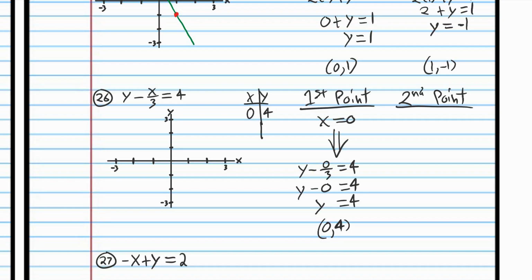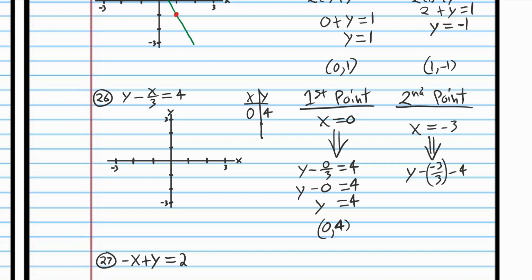And let's try, I'm going to try 3 for x. Again, we have to be careful because we don't want to deal with a fraction if we don't have to. And I can see that that's not going to work. It's going to be out of our scale. So I want to try to stay in our scale if I can. So I'm going to try -3 so I don't have to change my scale.